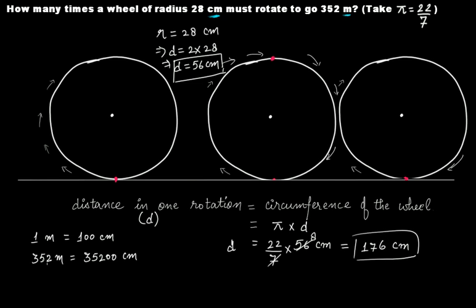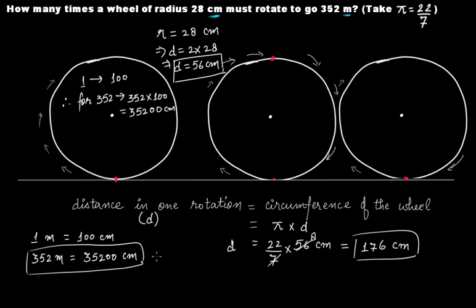Unitary method: for 1 meter it's 100 centimeters, therefore for 352 it becomes 352 times 100. If you solve it, this gives you the same thing in centimeters. So 352 meters is actually 35200 centimeters.